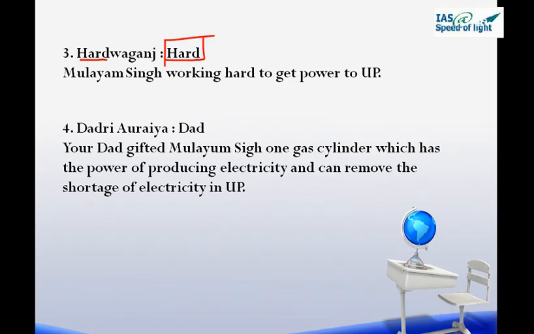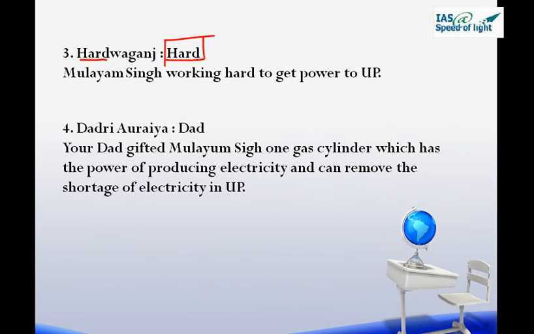So Mulayam Singh Yadav now working hard to get power, okay, or to get electricity or fire to UP. So Hardwa Ganj becomes hard, okay, working hard. Who is working hard? It is Mulayam Singh Yadav to get the power to UP.